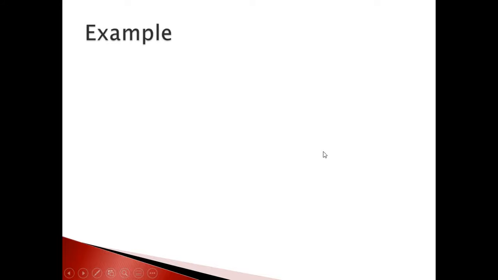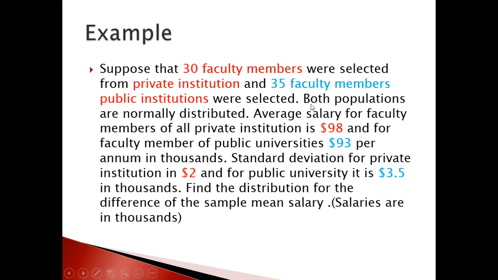Okay, let's see an example and see how it works. It says that suppose that 30 faculty members were selected from private institutions and 35 faculty members from public institutions.